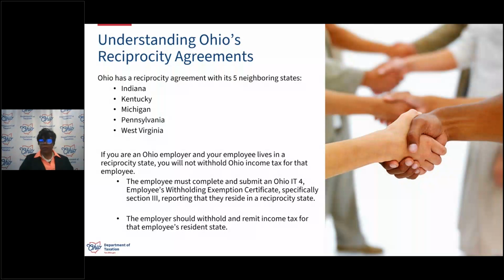The employee must complete and submit the IT-4 and specifically complete Section 3, which identifies them as a resident of one of our reciprocity states. The employer should withhold and remit income tax for the employee's resident state.